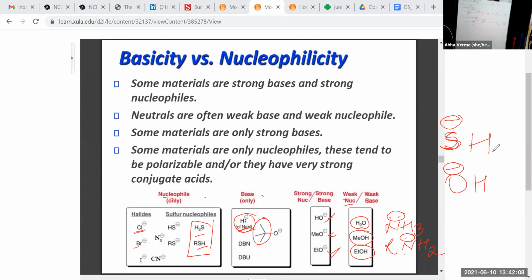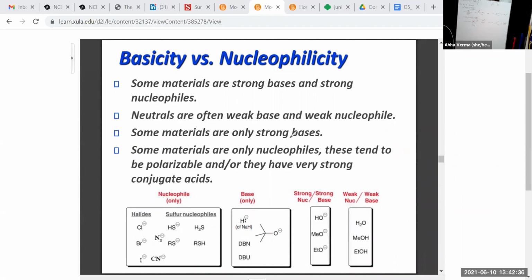It will only behave as a nucleophile. OH can behave as both a nucleophile and base. So remember, C negative is the strongest base, followed by N negative, followed by O negative. And we will see some of the C negatives as being very strong nucleophiles also.